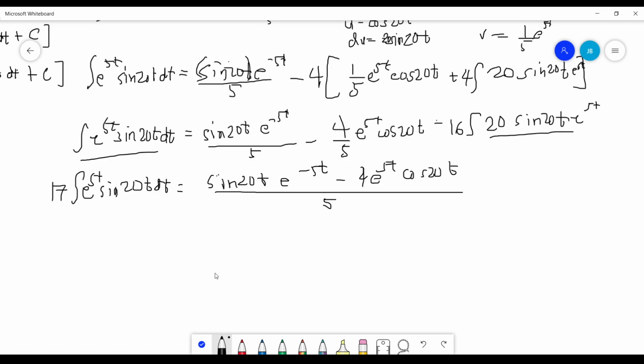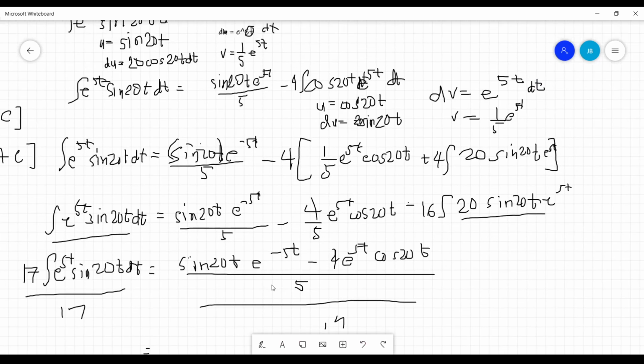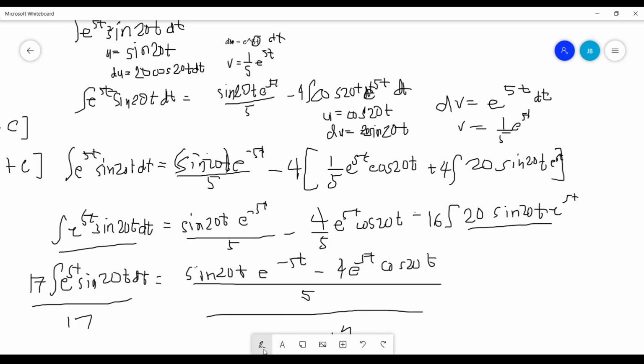Okay, so you can now get the integral of e^5t sine 20t by dividing both sides by 17. Wait, let me backtrack. This should be positive. Again, I'm so sorry.